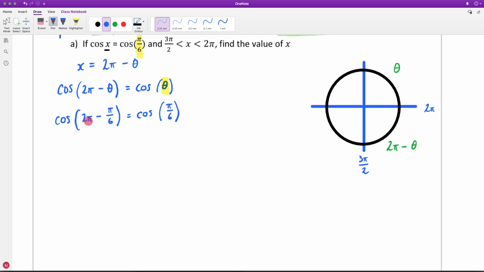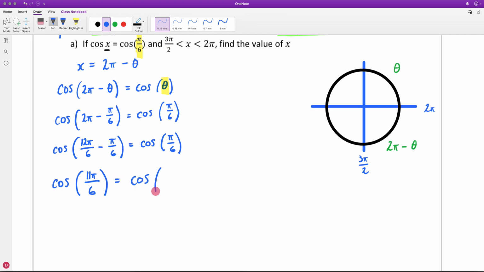So what will that be? Well, in order to subtract something like this, I need my denominators to be the same. So I'm going to change that 2 pi into 12 pi over 6 minus pi over 6, which is going to be equal to cos of pi over 6. 12 pi over 6 minus pi on 6, well, I'm just subtracting my numerators, is going to give me cos of 11 pi over 6, which is going to be equal to cos of pi on 6.